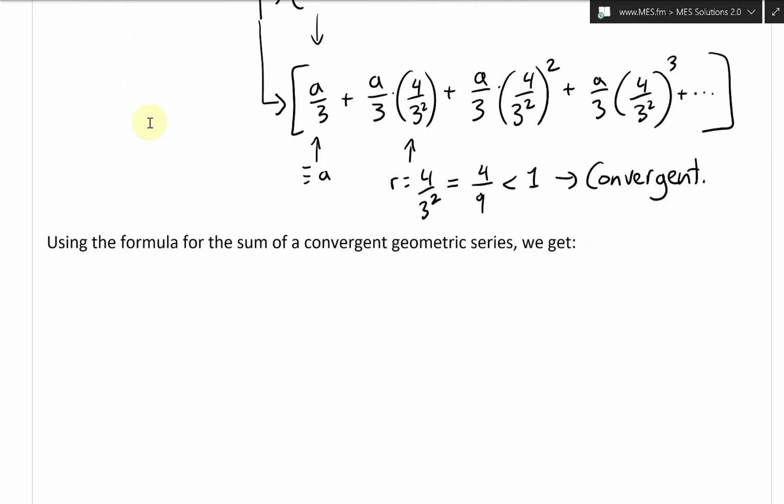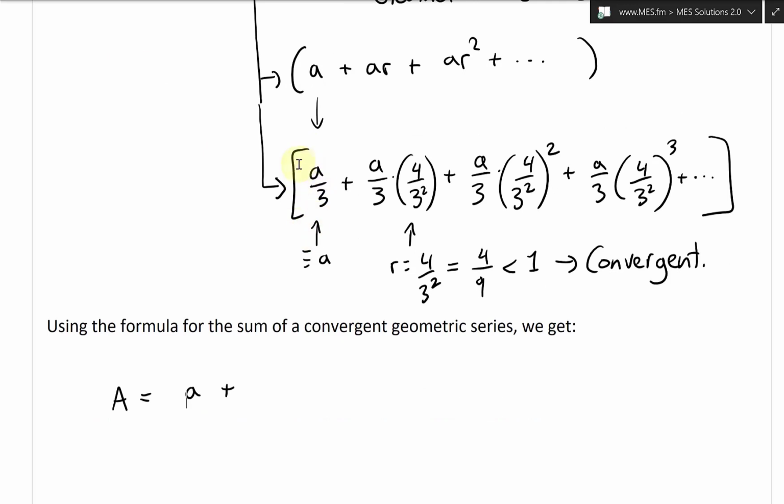So the total area is going to equal the original a plus, and then this is going to be our a over 1 minus r. In our case, our a is a over 3, divided by 1 minus our r, and our r is going to be 4 over 9.